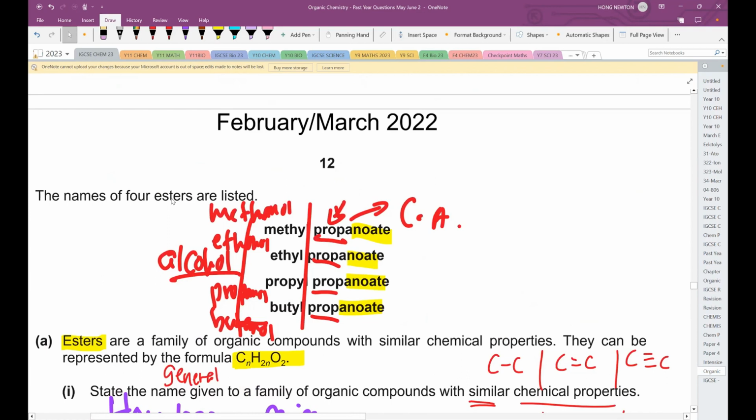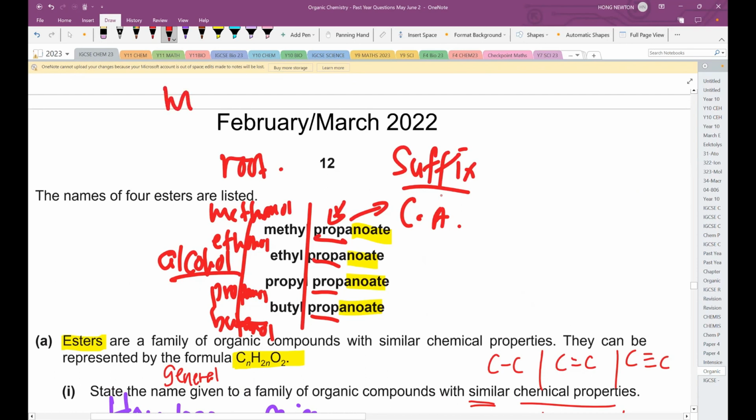Because when they change it to ester, the NOL, they're going to change it to YL. Okay, the ethanol, you change it to YL. Propanol also YL. Butanol also change to YL. And this one, the propanoic is actually so-called the suffix, right? The suffix name, right? So this is the root name.